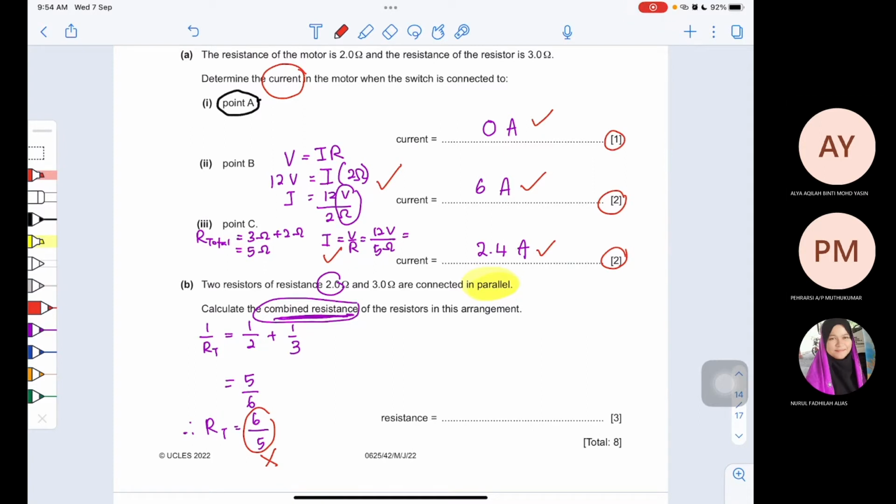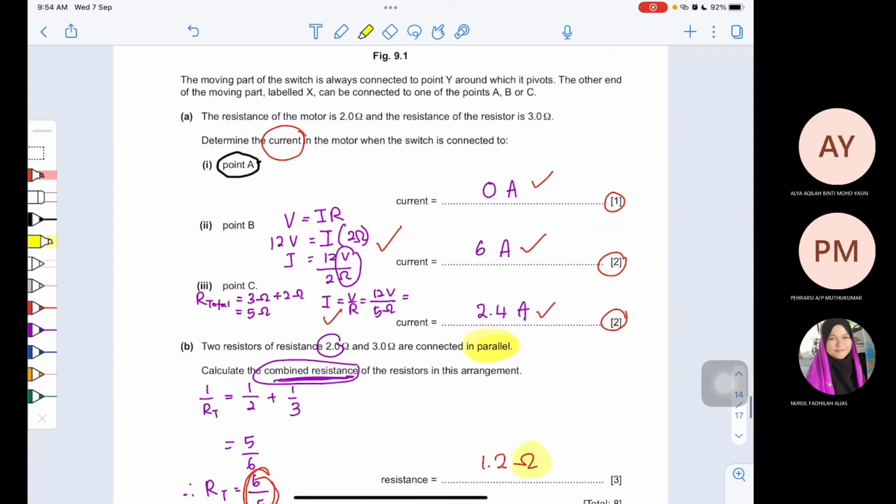Tak susah pun lah. 1.2 ohm. Okay, please do not leave your answer in fraction. And please remember to always write the unit. Okay, susah ke senang? Senang.